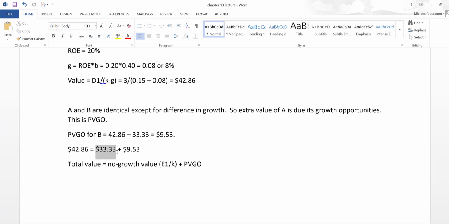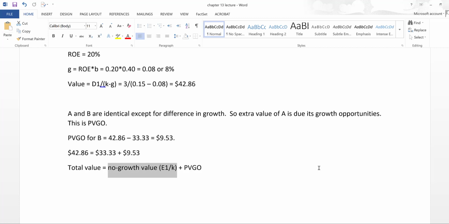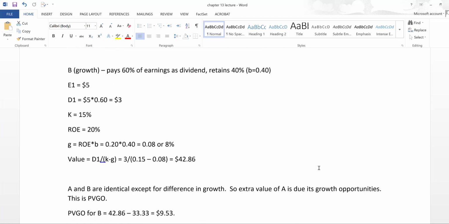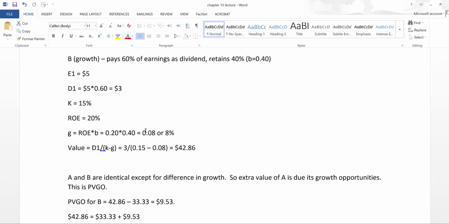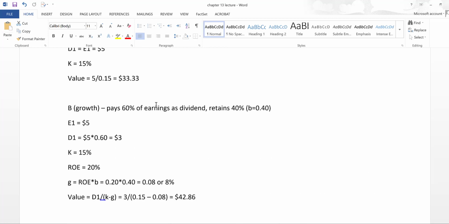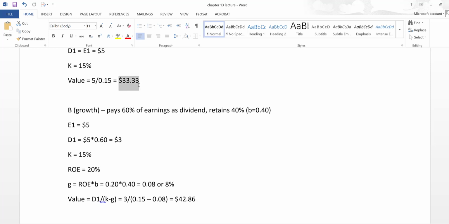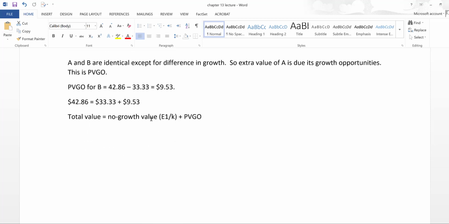Out of that, 33.33 is the no growth value. This is if the firm did not pursue those growth opportunities and paid out all its earnings as dividends, then its value would be 33.33. So without growth opportunities, its value would be 33.33, and then whatever extra we have is the present value of growth opportunities.